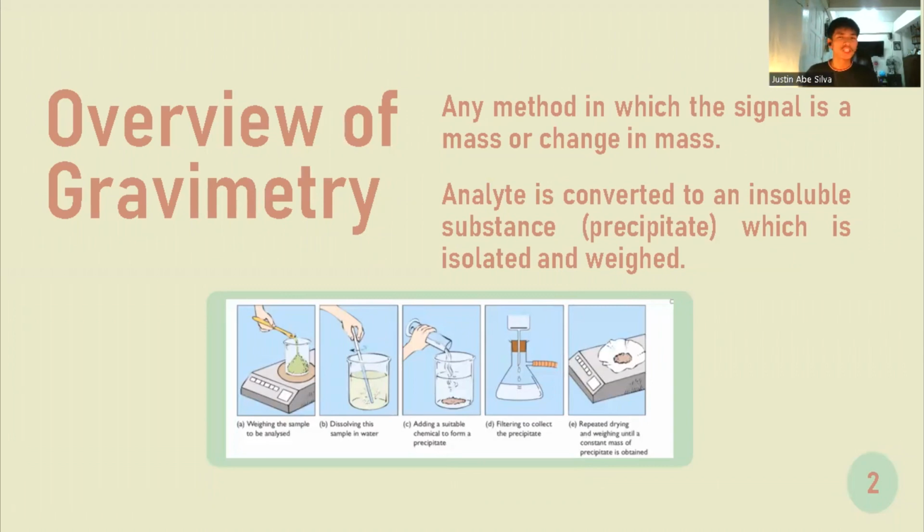Filtration or extraction will follow. And lastly, we are going to weigh our precipitate or our final sample using a weighing scale. So in conclusion, gravimetry is where we use the mass of our precipitate in determining the analyte in our sample.